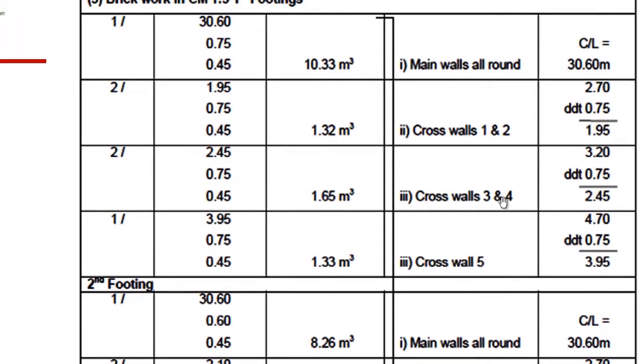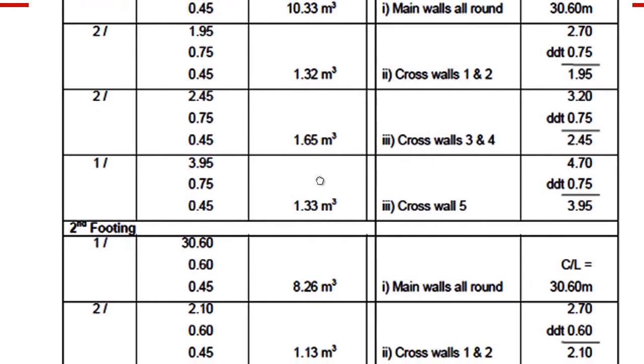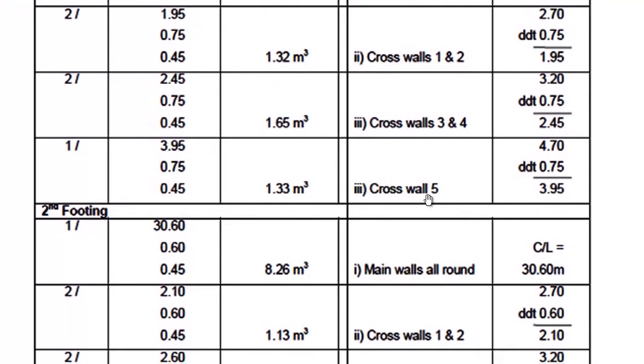For cross wall 3 and 4 there are two numbers, so 2 into 2.45 into 0.75 into 0.45, multiplying all, we get 1.65 m cube.